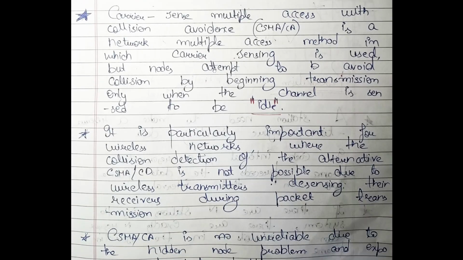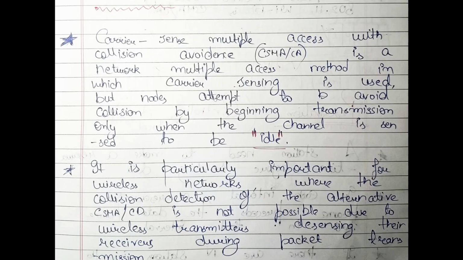But there's not much you can do in collision avoidance. Avoidance basically means that prevention is better than cure, preventing that collision from occurring. So you have to take all the measures that you can to prevent a collision from happening. You have to change the time slots. We'll look into all of them.